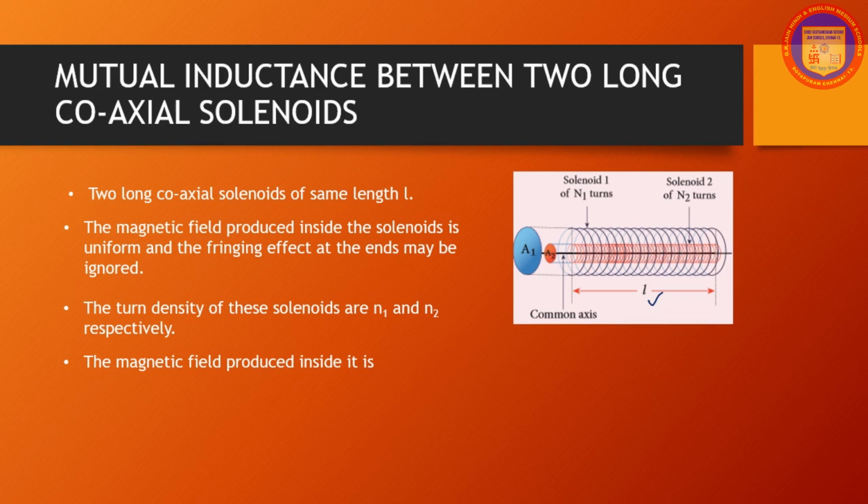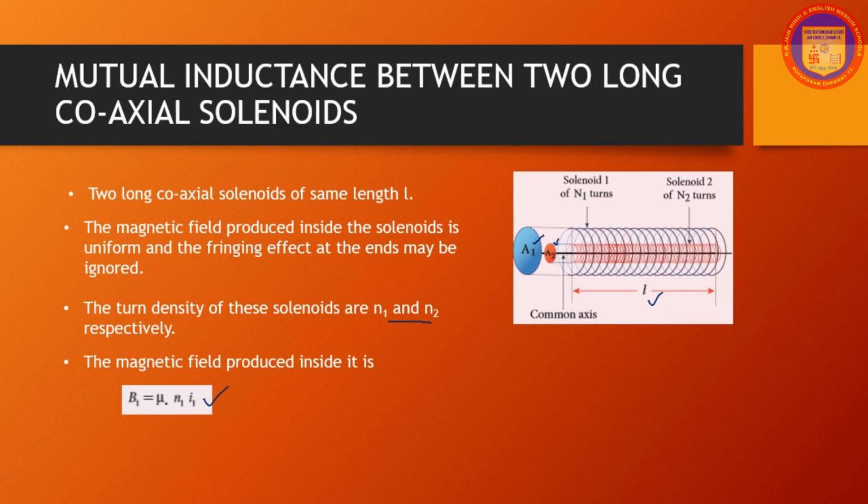Let A1 and A2 be the areas of cross-section of the solenoids, with A1 greater than A2. The turn densities of the solenoids are N1 and N2. Let I1 be the current flowing through solenoid 1, then the magnetic field produced inside it is B1 equal to mu naught N1 I1.